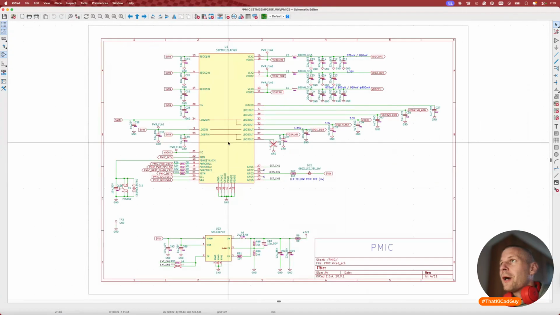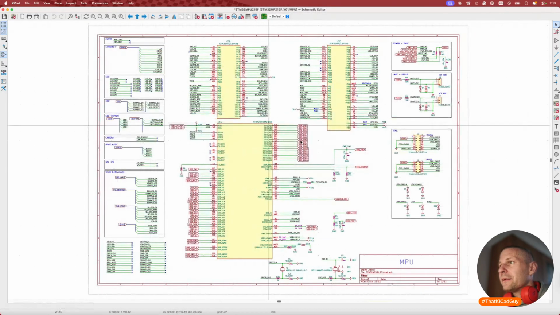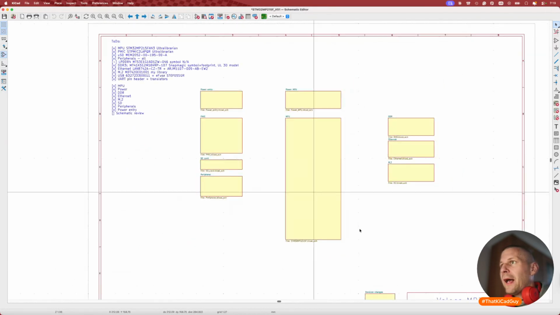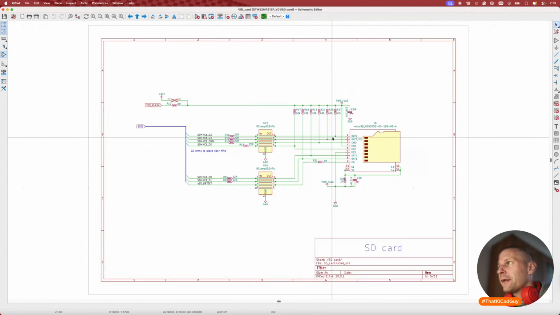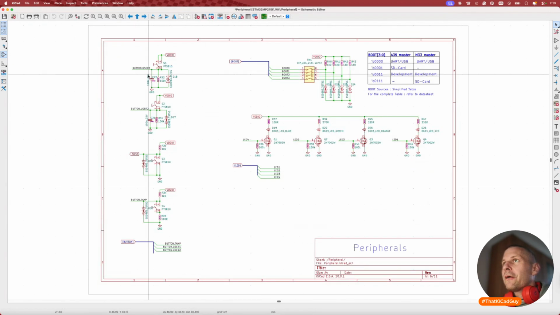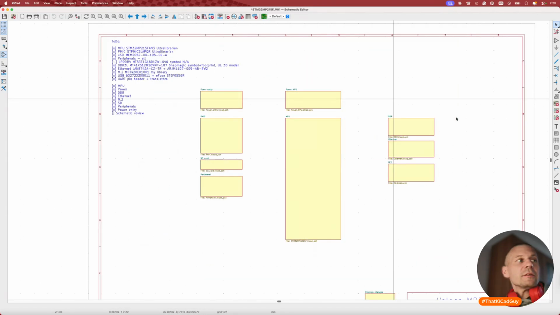It goes to PMIC plus this buck converter. The PMIC mainly powers the MPU here in this block, and other blocks like the SD card, which is here, and some peripherals, which are only buttons, LEDs, and boot switches.